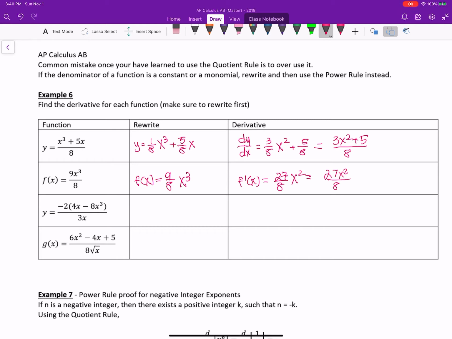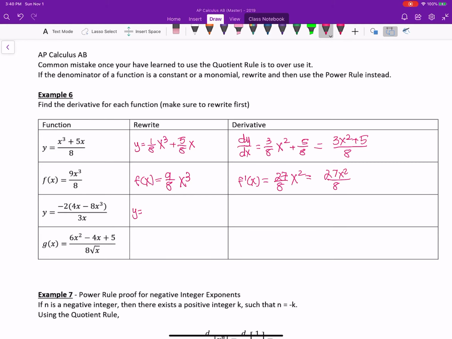The next one, again, it has a monomial in the denominator. So even though it looks very complicated, believe it or not, it's simpler to distribute the 2 and then divide each term by 3x. So I would rewrite this as y is equal to -2 times 4 is -8x divided by 3x.